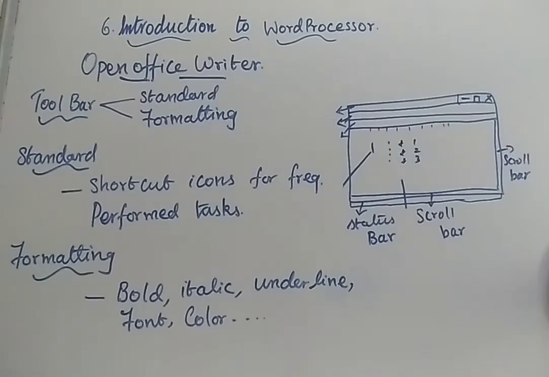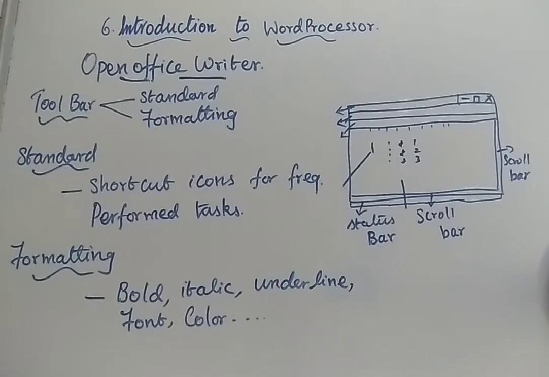So in the standard toolbar, what is displayed for you? Yes, it has all the shortcut icons for frequently performed tasks. The simple example I told you is save. Next you will have cut, copy, paste, undo, and also spelling, search, print, open, and new, all under the standard toolbar.